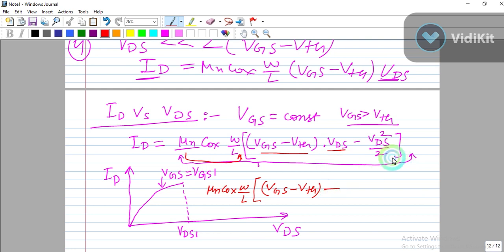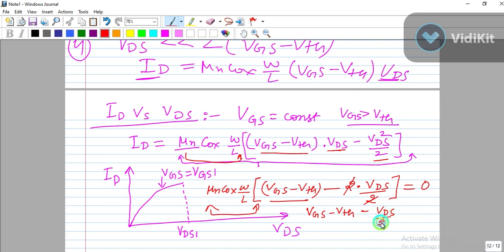Now minus, what about this? We differentiate it with respect to VDS, so it will become 2 VDS divided by 2. It will cancel out, and we put it equal to 0. The constant term goes to the right side and becomes 0. The remaining terms are VGS minus VTH minus VDS equal to 0.